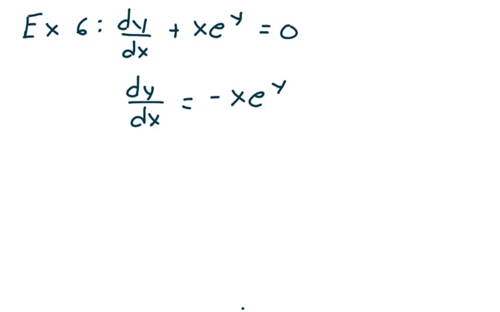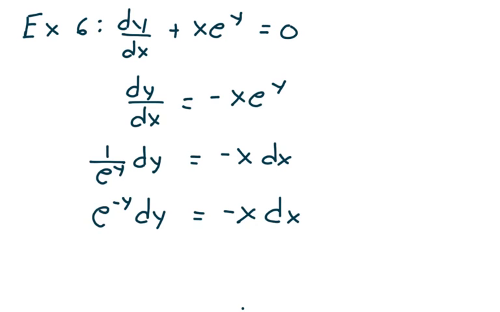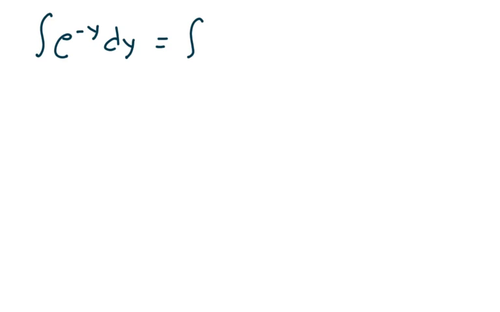So 1 over e^y dy is the same as negative x dx. And so e^(-y) dy is the same as negative x dx. So this allows me to integrate both sides. The integral of e^(-y) dy is the same as the integral of negative x dx.